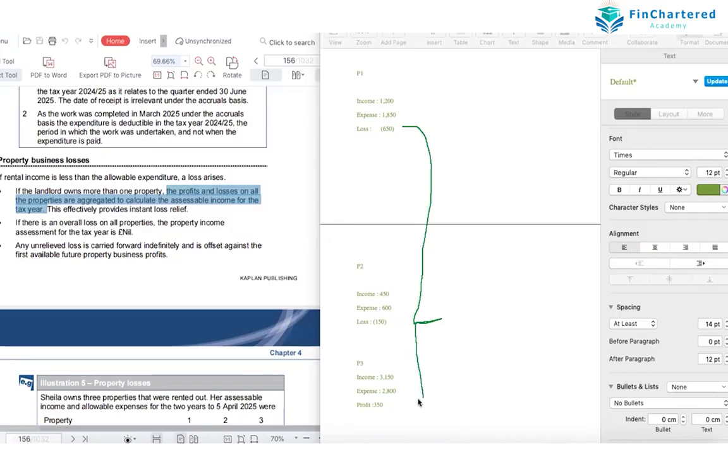Third property has a profit of 350. So there's a loss of 800 and there's a profit of 350. So there's an aggregate or total loss of 450. Guys, I hope this much is clear. Aggregate loss.